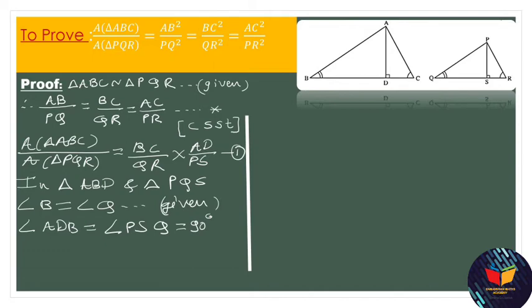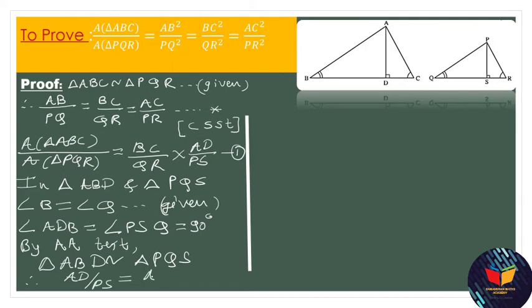So from these two things we can write, hence by angle test, triangle ABD is similar to triangle PQS. Okay, and if triangle ABD is similar to triangle PQS, so what can we write? Therefore AD upon PS is equal to AB upon PQ. Okay, and this is our equation number 2.